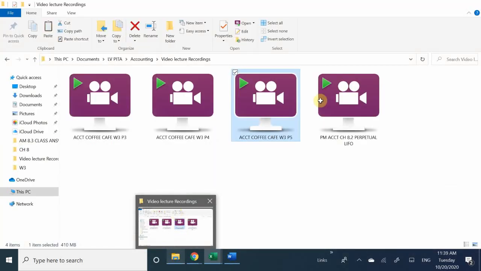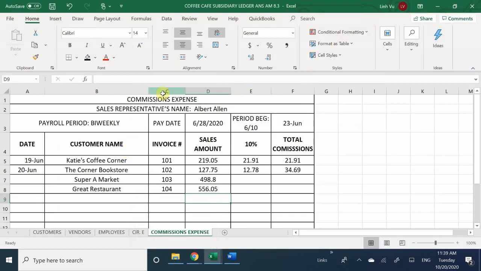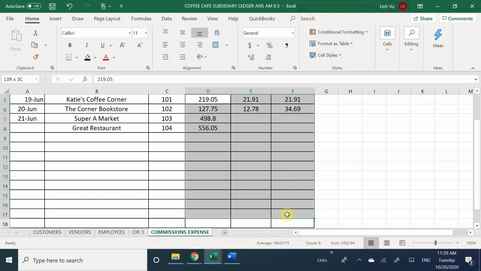Oh, guess what we forgot to do? We forgot to indicate that Mr. Allen deserves to get paid for his transaction here for selling the $498.80.